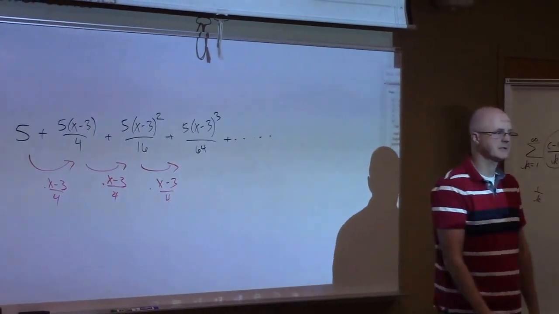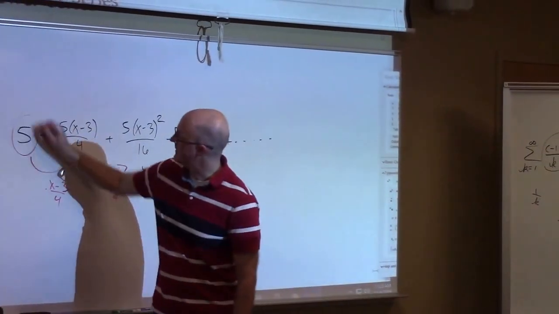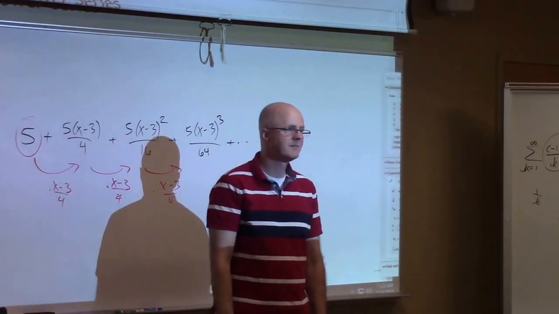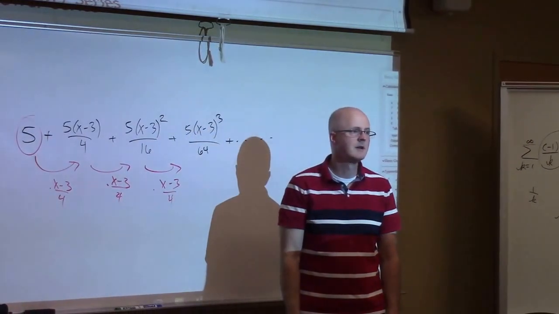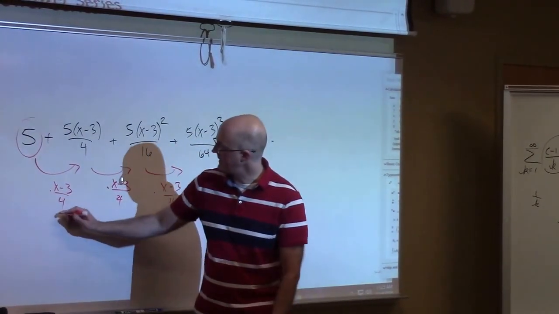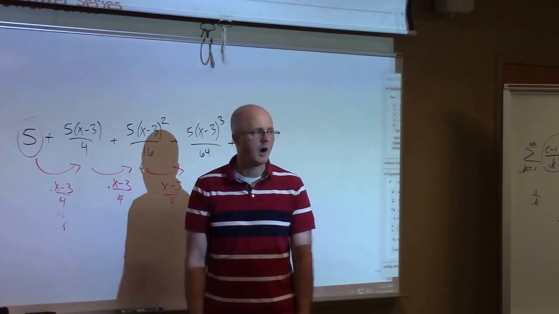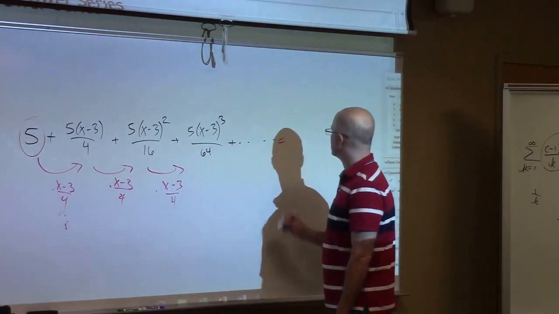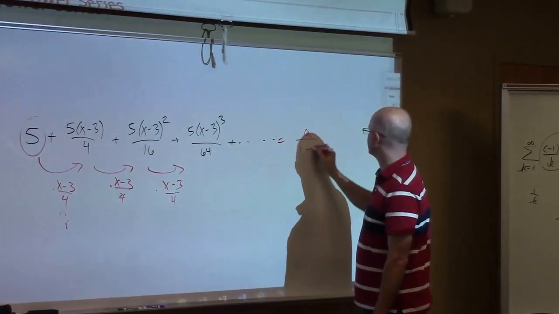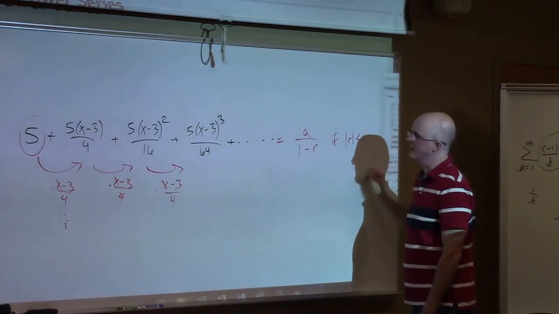It is a geometric series. The first term is 5. The common ratio is (x minus 3) over 4. You could call this r. We didn't typically call it r before, but we can call it r now, r standing for common ratio. This is going to converge to a over 1 minus r if the absolute value of r is less than 1.